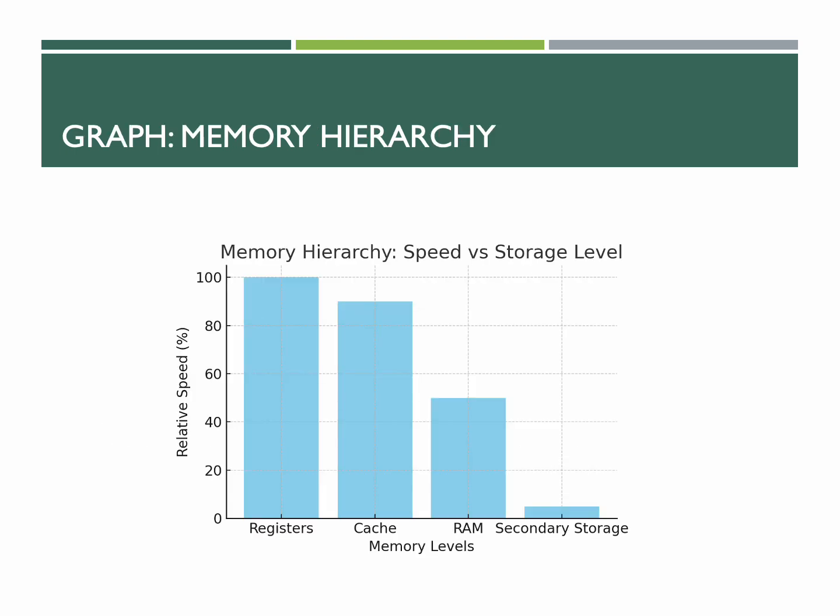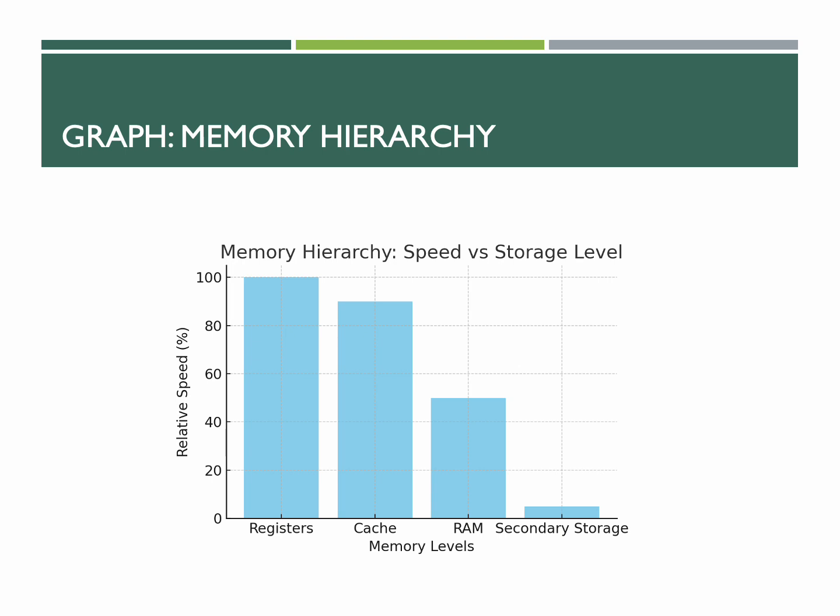So now let's look at the visual representation of the memory hierarchy in terms of speed versus storage levels. As you can see on the graph, registers are at the top of the hierarchy with the highest relative speed, approaching 100%. These are embedded within the CPU and are extremely fast but also have the least storage capacity.